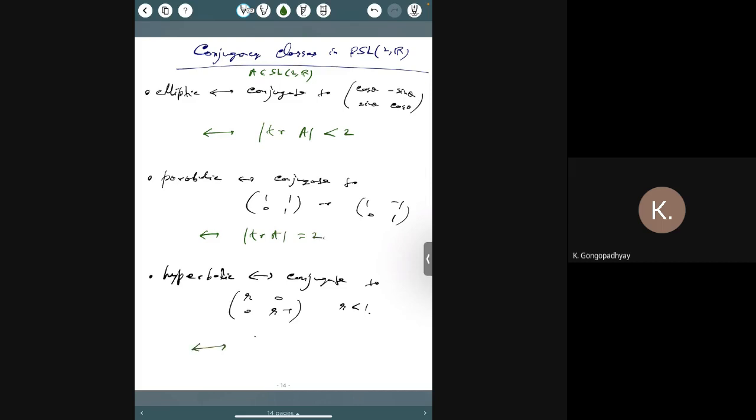And in case of hyperbolic, it is greater than 2. So if someone gives you an element from SL2R, you can tell about its fixed point behavior just by looking at the trace of the corresponding matrix. That precisely gives you the conjugacy classes in the groups also. So even though we are doing hyperbolic geometry, from there one can also extract group theoretic information about the isometries. So this gives you the conjugacy classification.